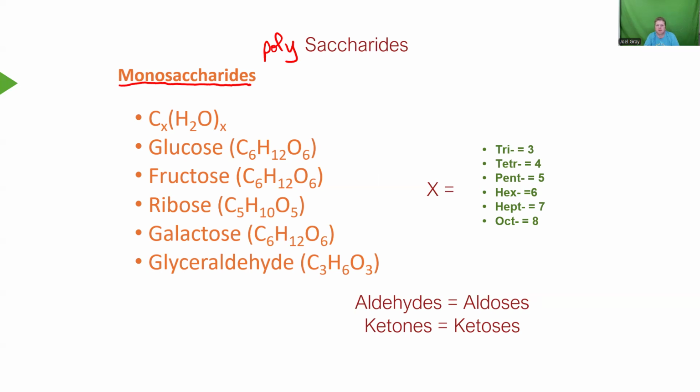A monosaccharide is a monomer, so it is a single sugar molecule. A polysaccharide is multiple, and I'll say it's typically going to be three plus. And then one last term that we'll hear from time to time, and we'll talk about in this class, disaccharide, which is just going to be two sugars.